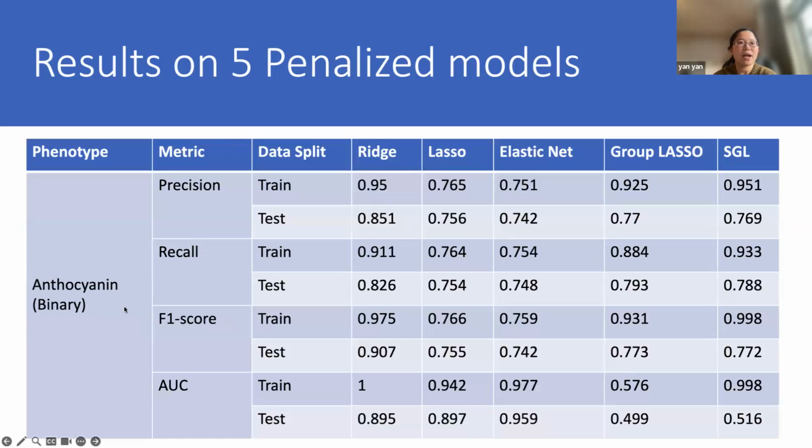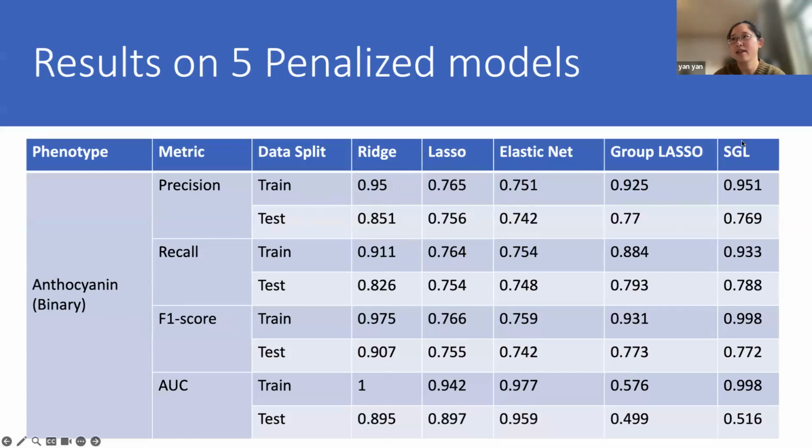If we look at the binary phenotype, because we have 4 different metrics, there are a lot of numbers here. But in general, if we look at, say, ElasticNet, we can see the training and test are in general consistent. Lasso is kind of similar. Ridge sometimes shows a decrease.